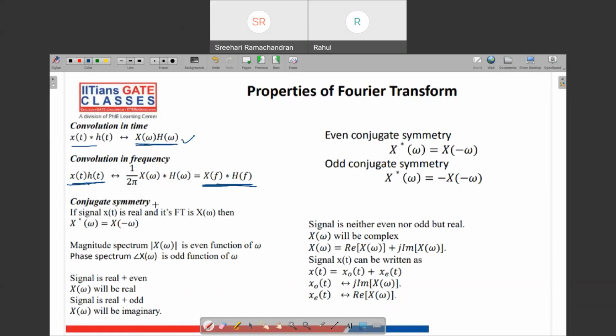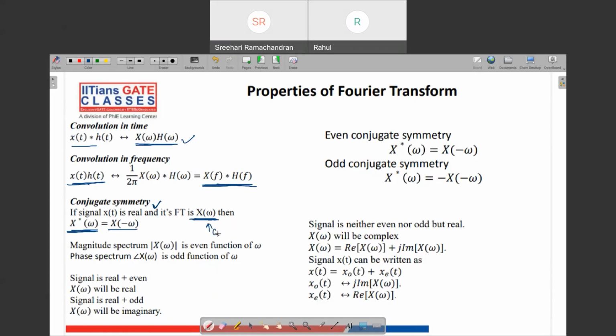Next is the conjugate symmetry. It is very similar to what we saw in the Fourier series. When you have a signal which is a real signal, and its Fourier transform is X of omega, then X of conjugate of omega will be equal to X of minus omega. Now here this X of omega is a complex thing.